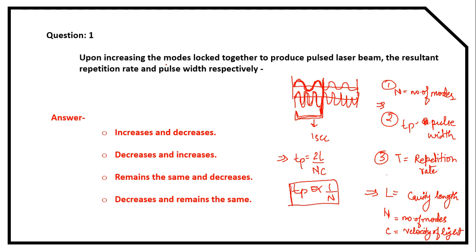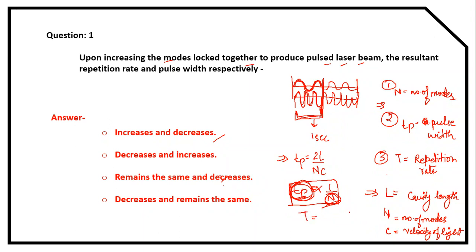Upon increasing the modes, locked together to produce a pulse laser beam, the pulse width decreases. So the pulse width has an inverse relation with the number of modes. Now the second thing is, what about T, that is the repetition time.